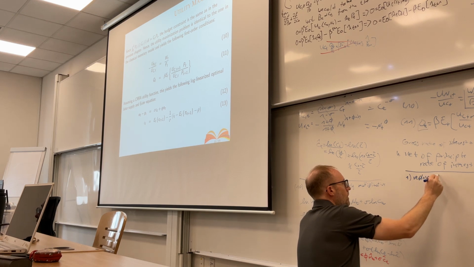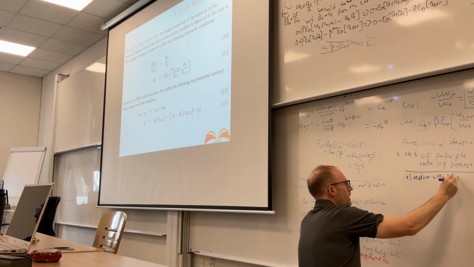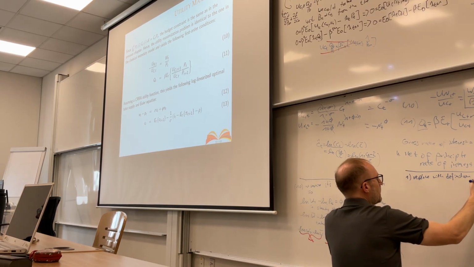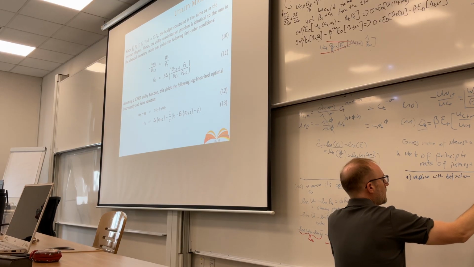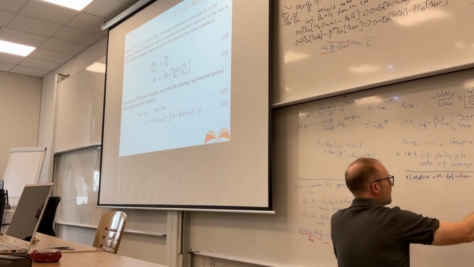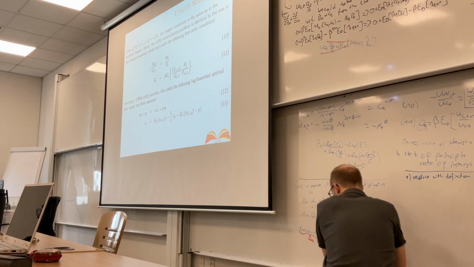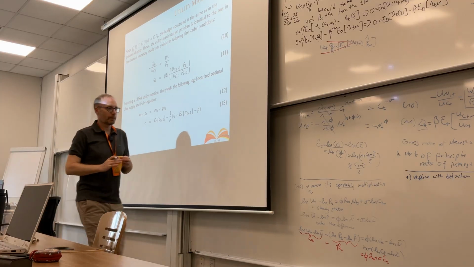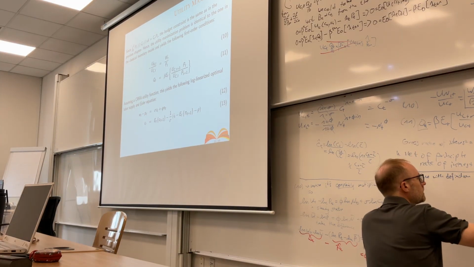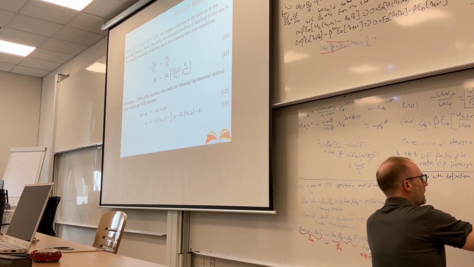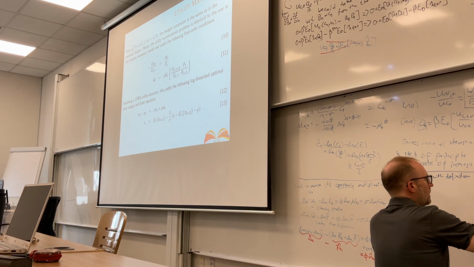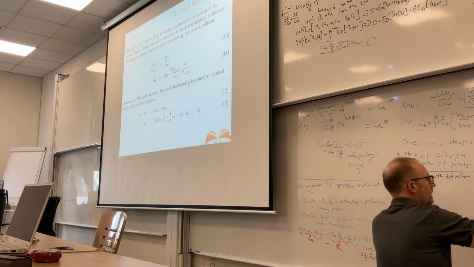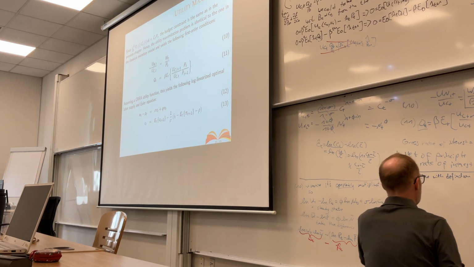Replace with the definition. We can solve for xt here, and this gives us that xt is equal to x bar e to the x hat of t. So replace with that definition.